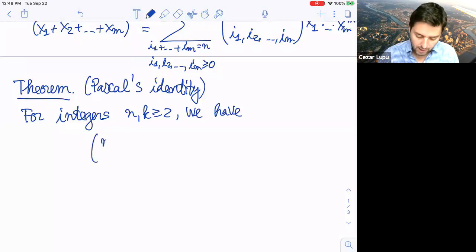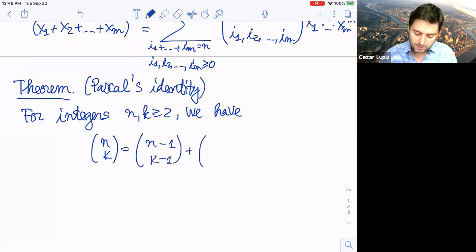We have the following: n choose k can be broken into n minus 1 choose k minus 1 plus n minus 1 choose k. So you can do this.